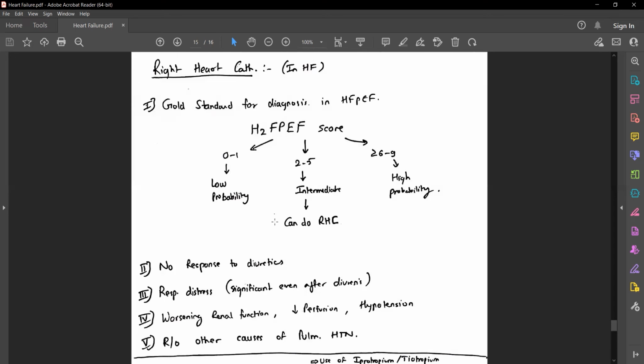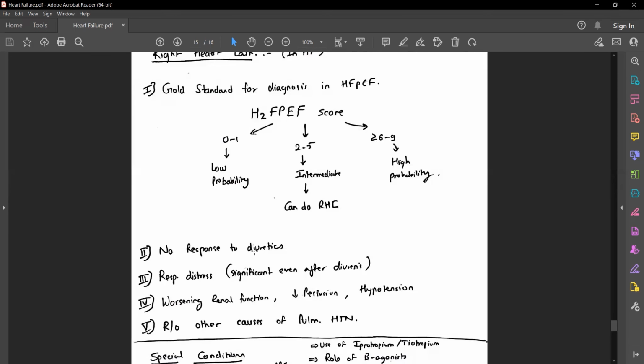Now, a common place where you will do a right heart cath is, let's say a patient comes in with HFrEF, is congested, and you diurese the patient, and there is no response to the diuretics. The patient is still significantly congested. You went up on the diuretic dose, and the patient is still congested.